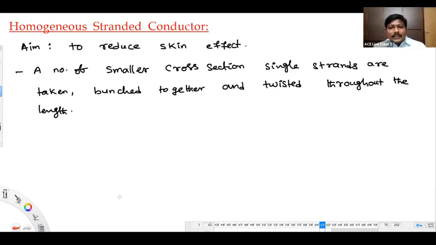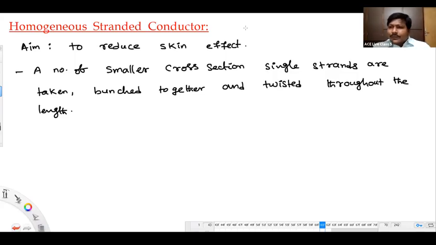Why do we have to twist them? Just collecting the conductors together may not stay in one place, so to keep them as a single conductor, we have to twist throughout the length.